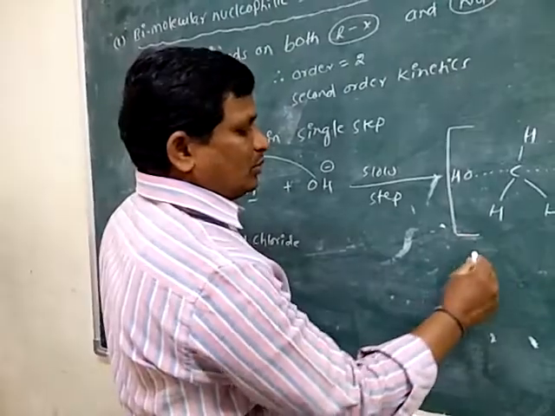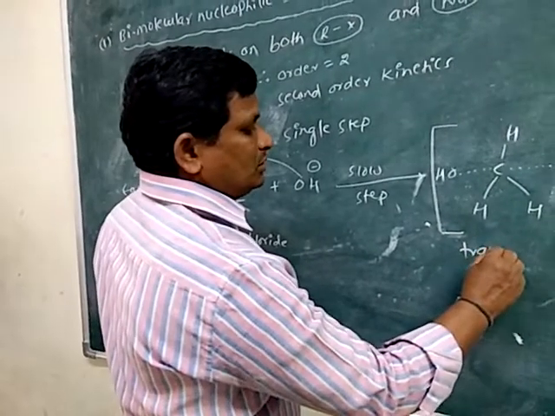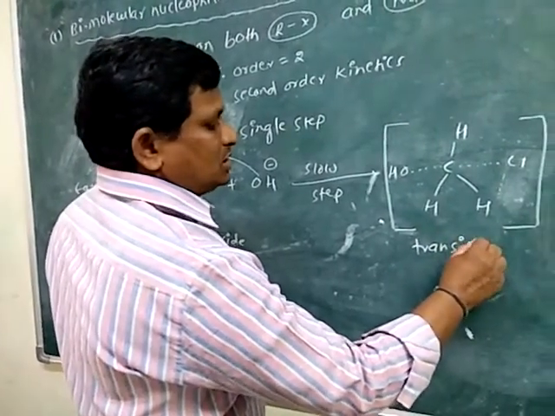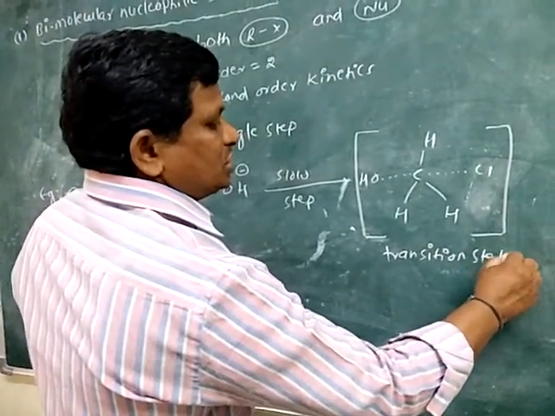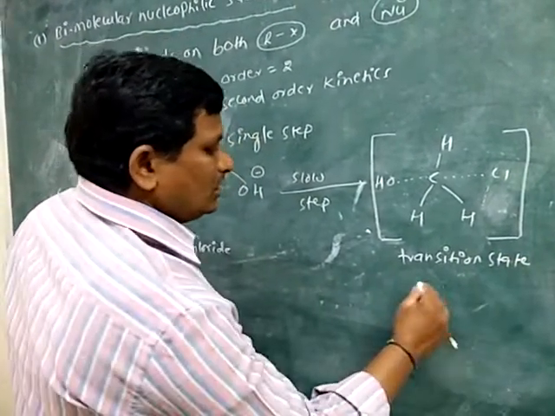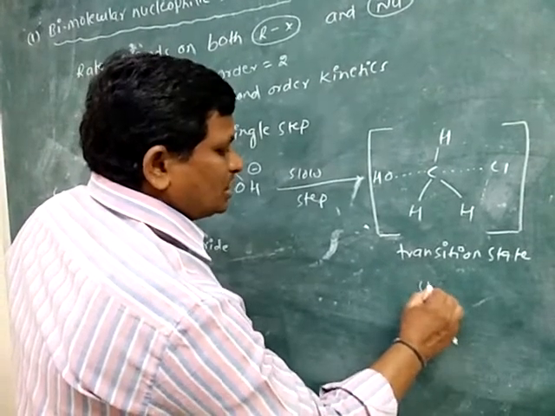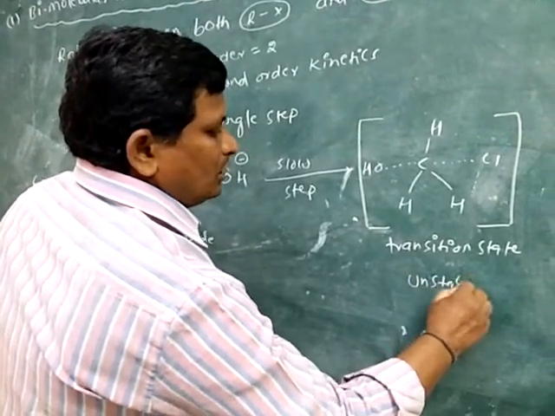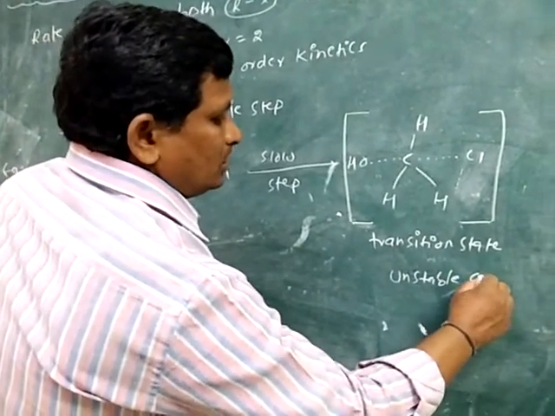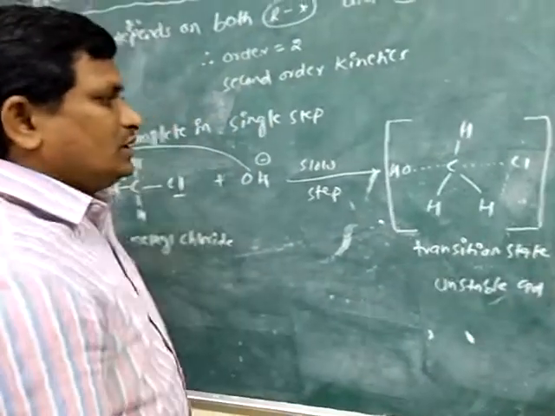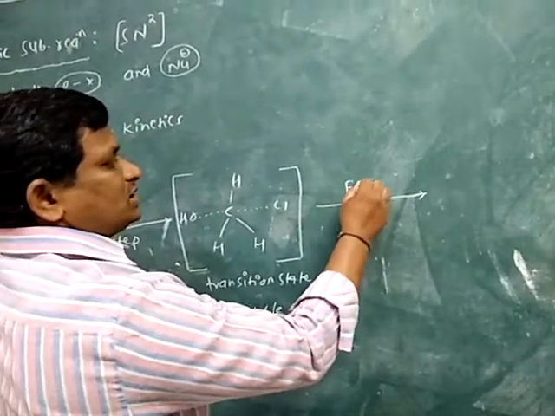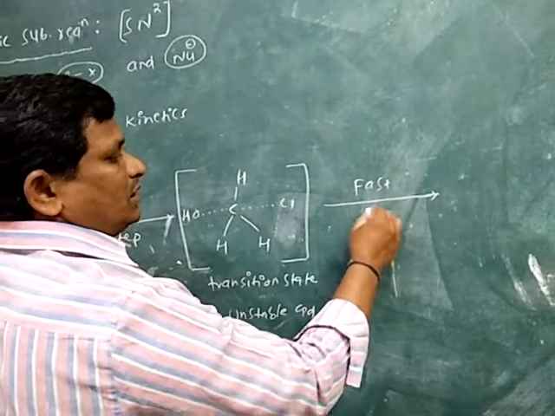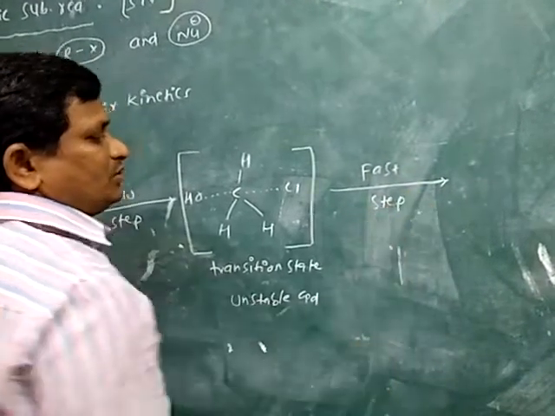The obtained compound is the transition state. The transition state compound is less stable, an unstable compound. Then again comes the fast step.